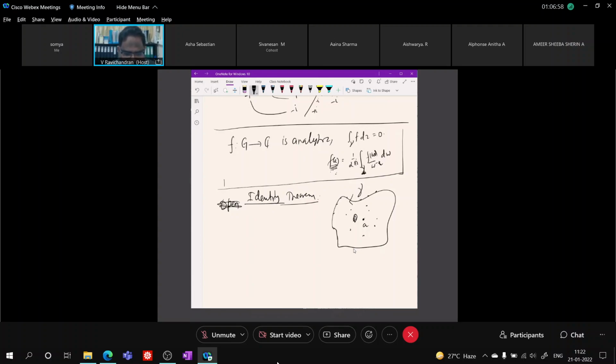This identity theorem is going to say something similar. It will say when a function will be identically equal to 0.